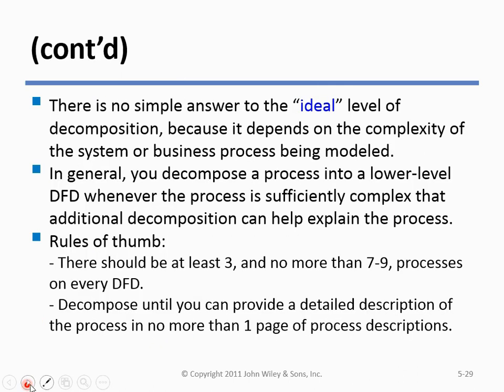There's no ideal level of decomposition. You make a decision that, gee, this is easy enough to accomplish maybe with half a page of instructions or something like that. And if you break things up and get more than 7 to 9 processes, then you probably should group those into some sub-processes.